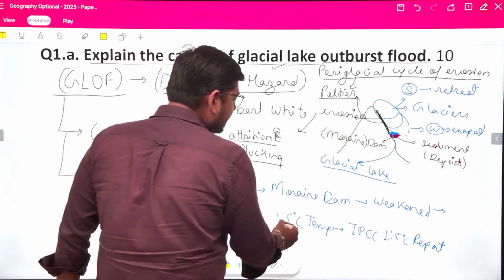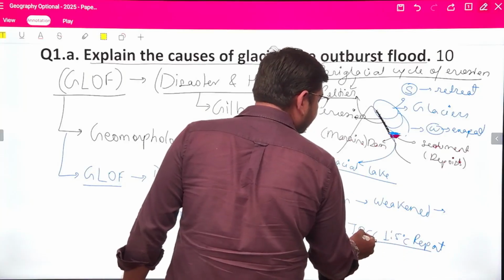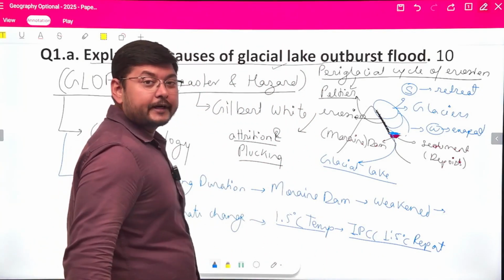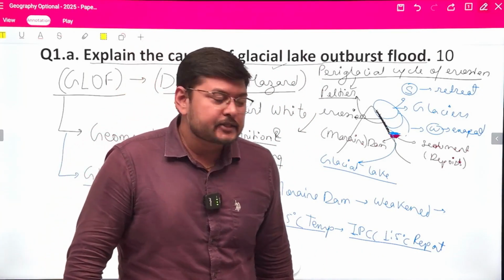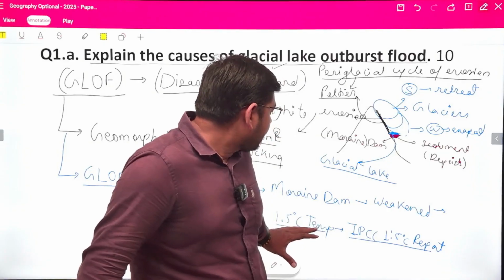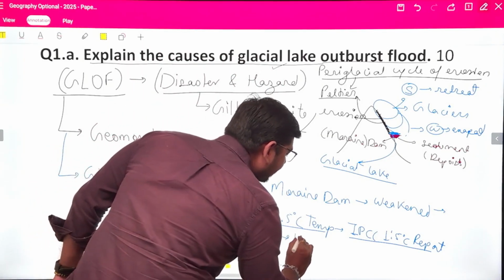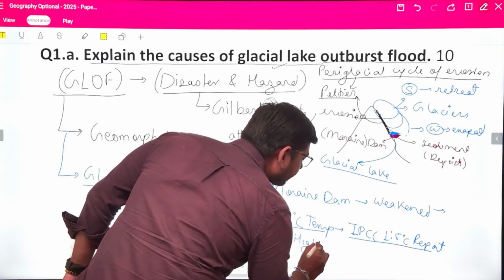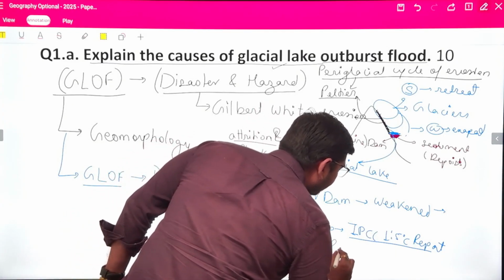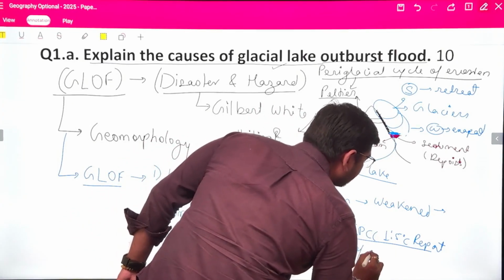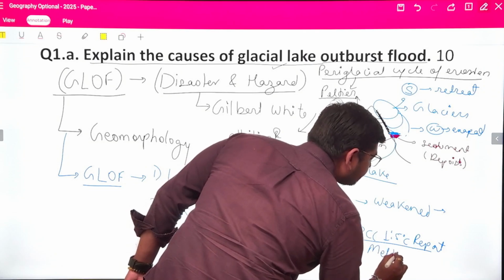They have already specified this 1.5 degrees Celsius rise since pre-industrial levels. So we can see that this is resulting in a higher rate of melting of glaciers.